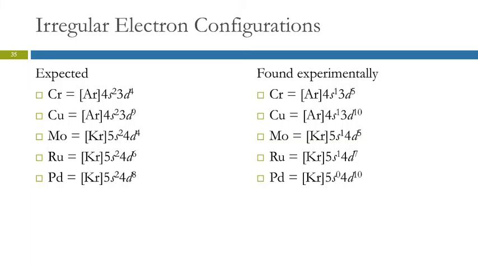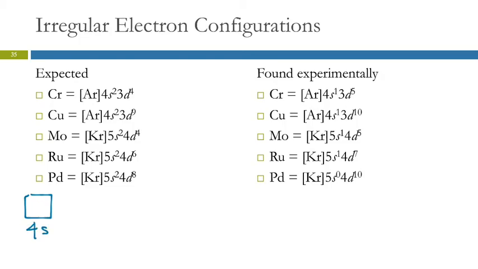So these are some that are irregular. This is what we expect for chromium: argon with 4s2 and 3d4. So let's look at just the valence orbital diagram for that.